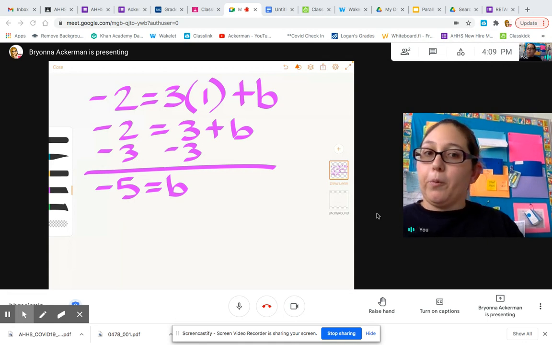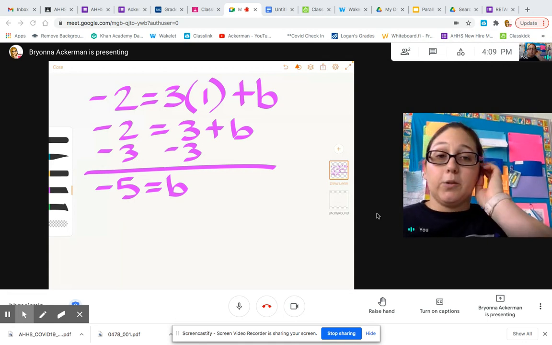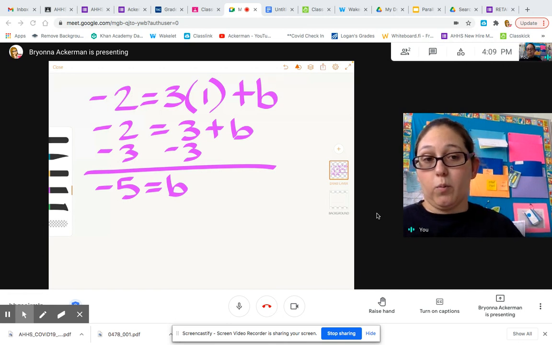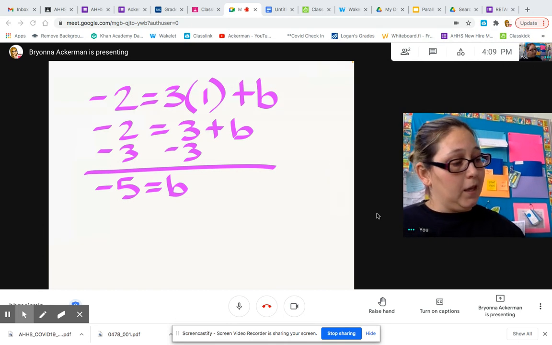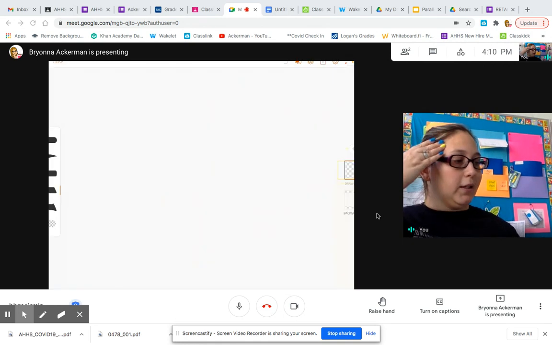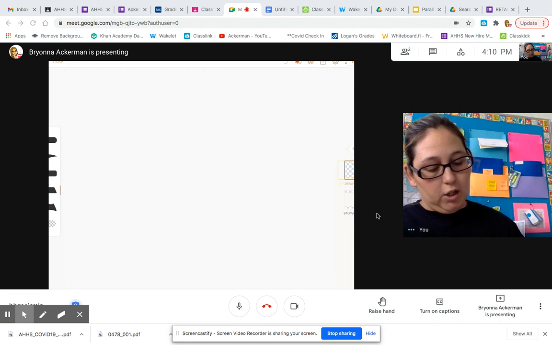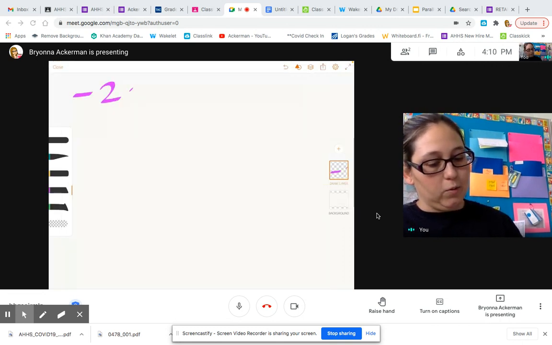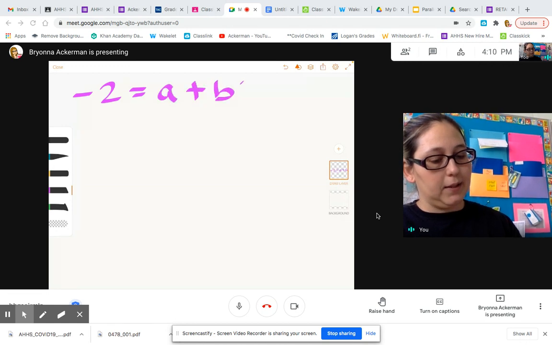I'm going to take both of those and plug it back into equation 1. So one of my original ones, okay? Equation 1 is the easiest because it had the smallest coefficients. So equation 1 was negative 2 equals a plus b plus c.